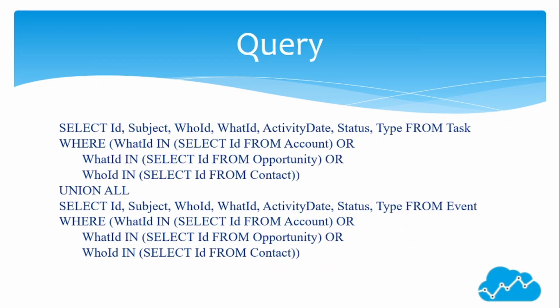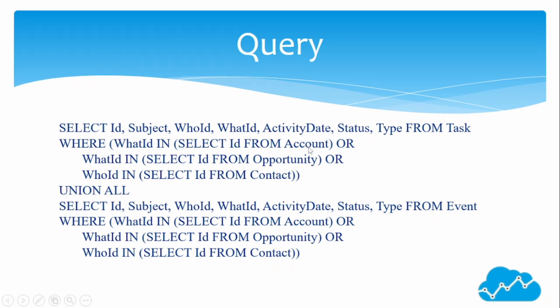So the query we are going to write is: select Id, Subject, WhoId (the person), WhatId (the object), ActivityDate, Status, Type from Task, this is the Task object, where WhatId in (select Id from Account).